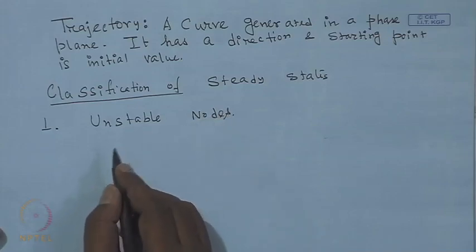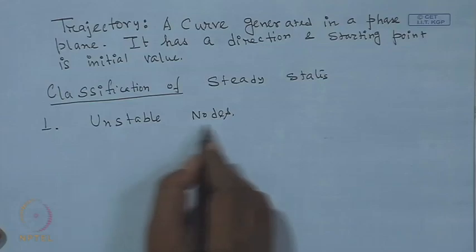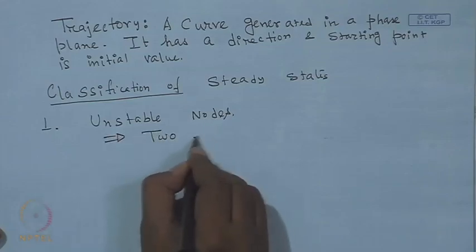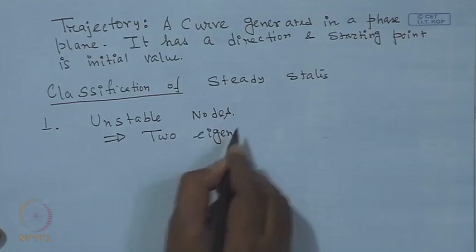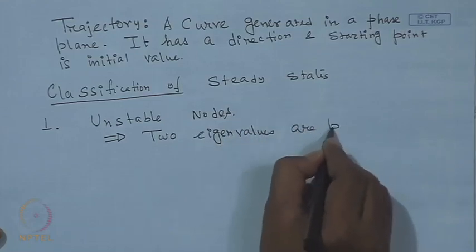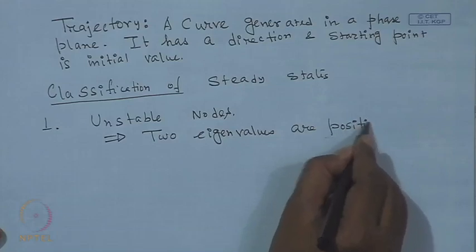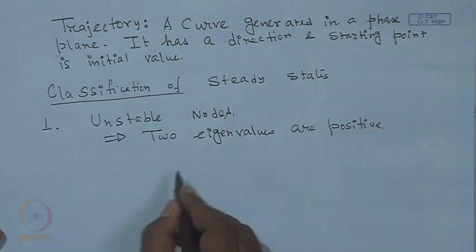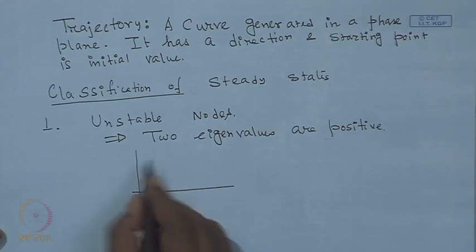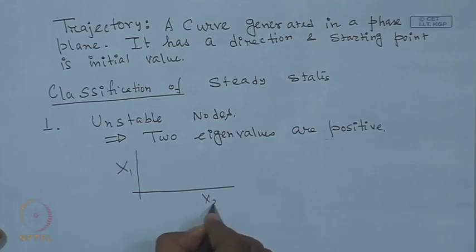Unstable nodes occur when two eigenvalues are positive. The phase plane plot looks something like this.